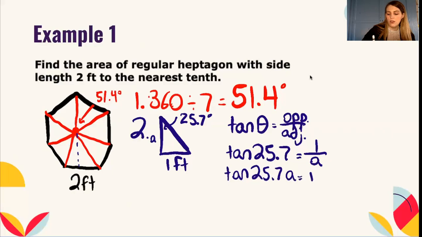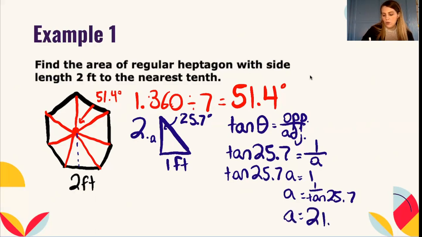I move A over. And I get 1 over tan of 25.7. I'm going to plug that into my calculator. And I get that A equals 2.1 feet.